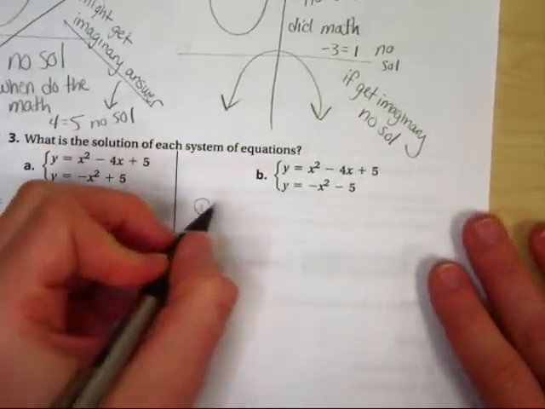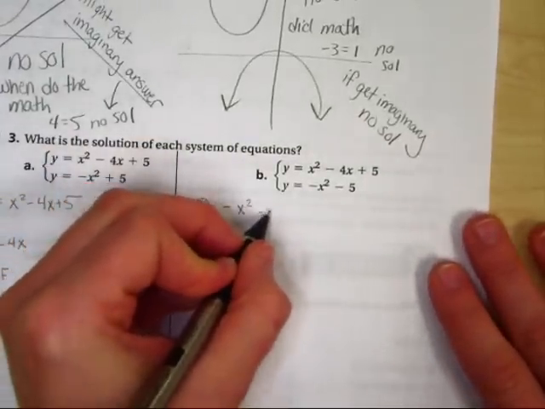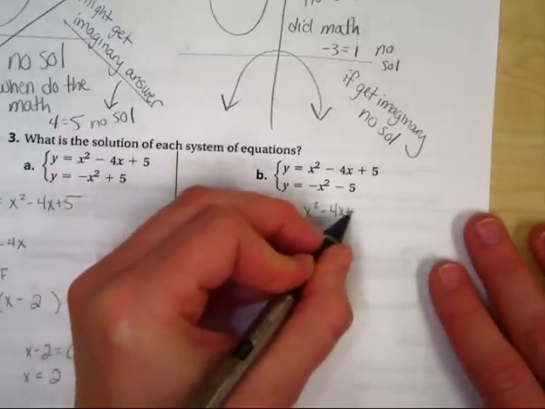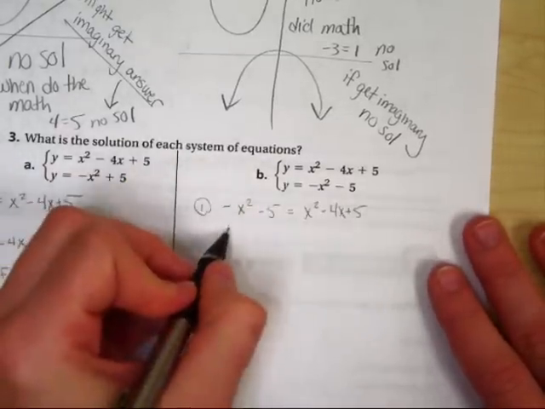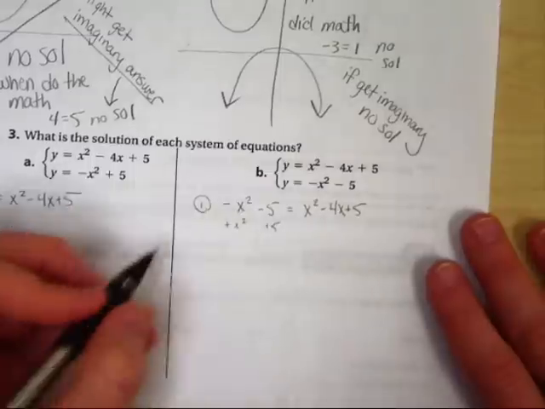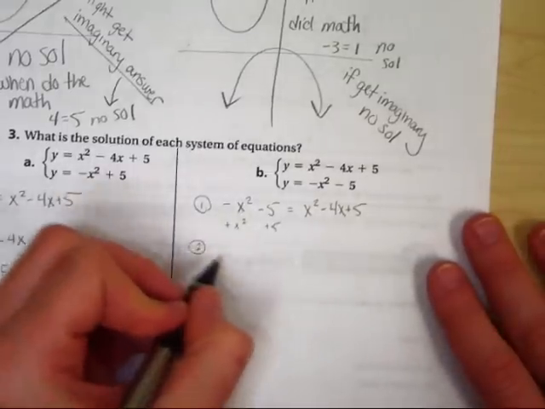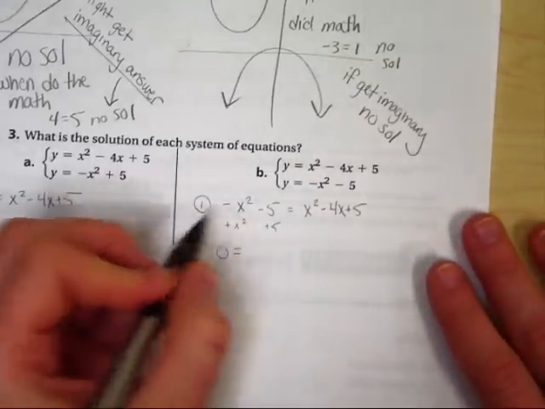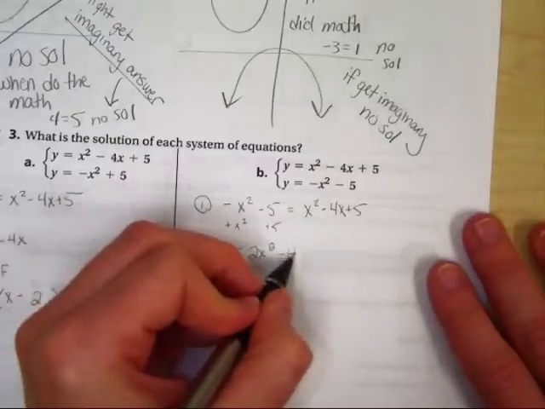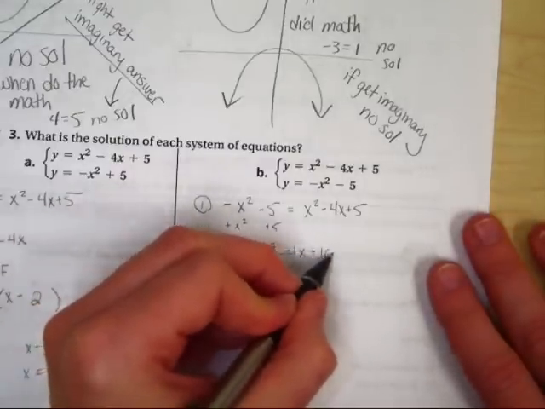Step 1, set them equal. Negative x squared minus 5 equals x squared minus 4x plus 5. I like to keep my x squareds positive, so I'm going to move this side over by adding x squared and adding 5. Step 2, you're going to set it equal to 0. The x squareds make 2x squared when you add it over. You still have minus 4x, and now you have plus 10.